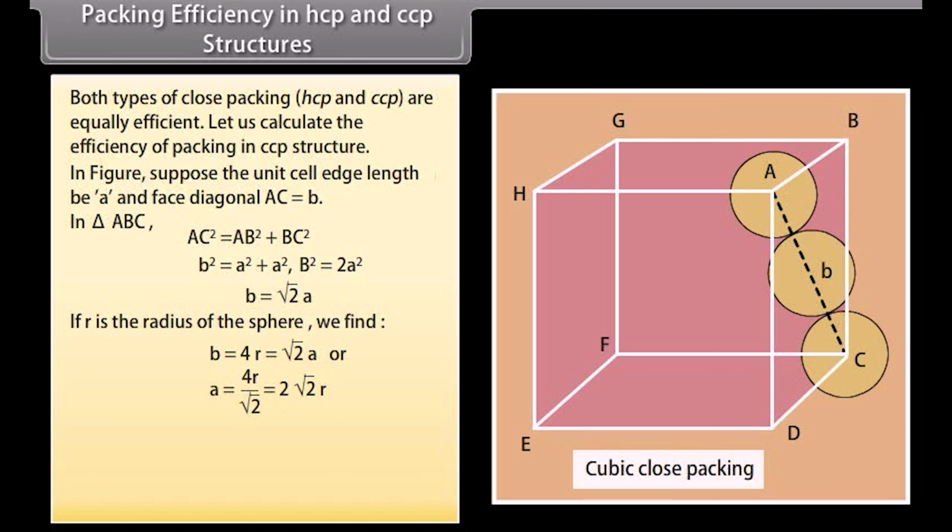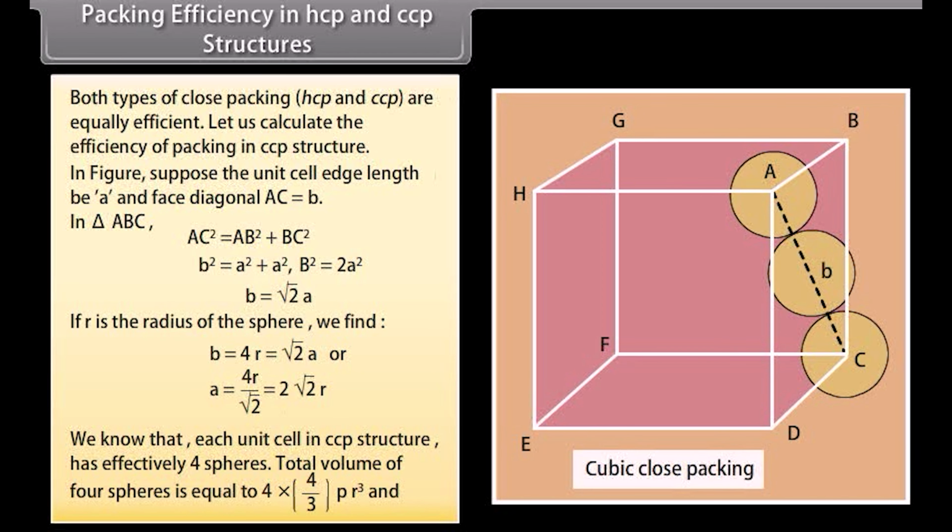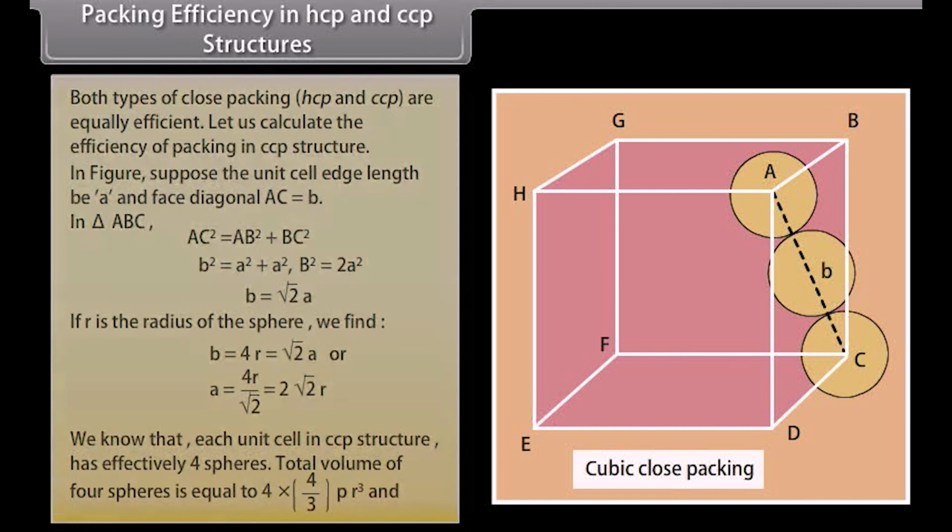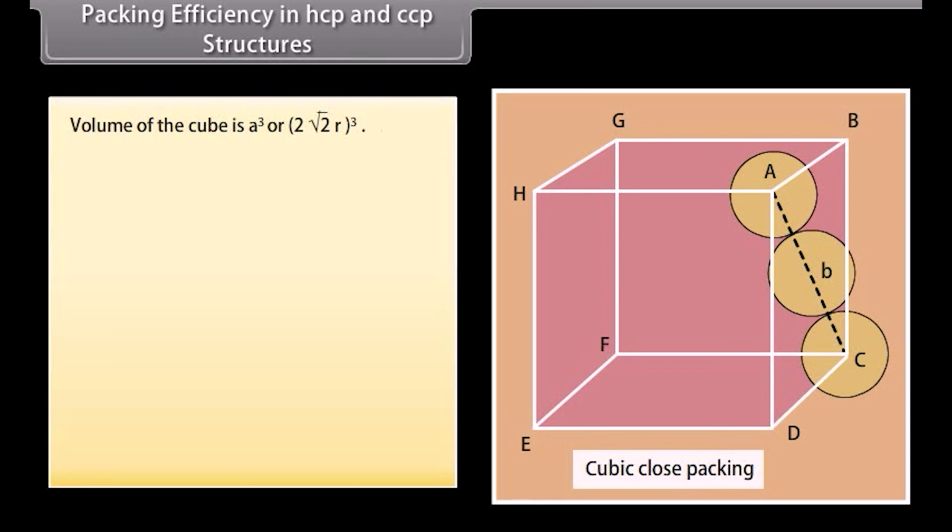We know that each unit cell in CCP structure has effectively 4 spheres. Total volume of the 4 spheres is equal to 4 × 4/3 πr³, and volume of the cube is a³, or (2√2 r)³.